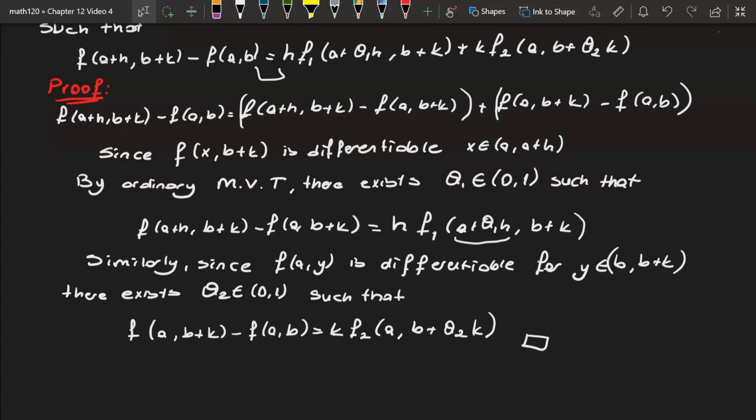We proved this theorem. Actually, we will use this result in the proof of the next theorem, which tells us the following.